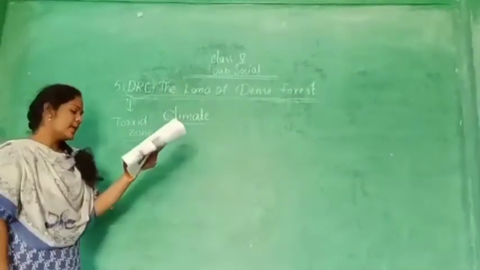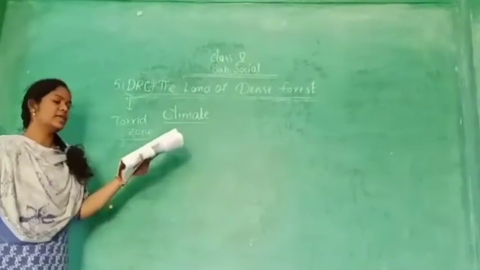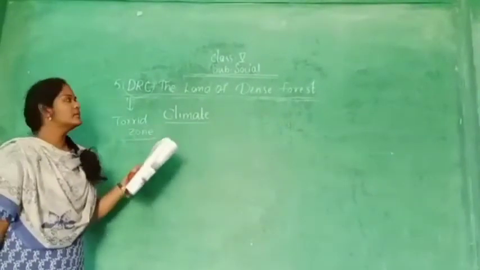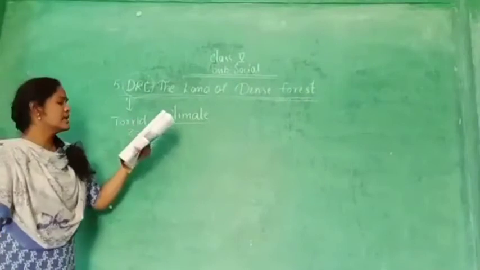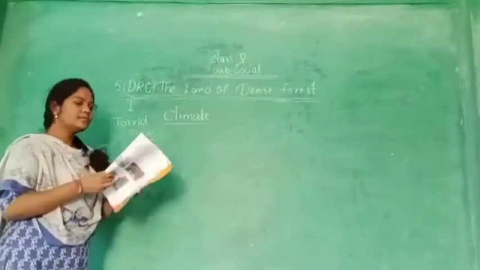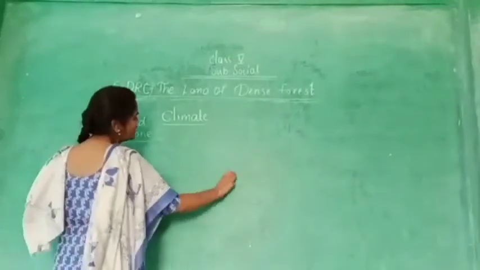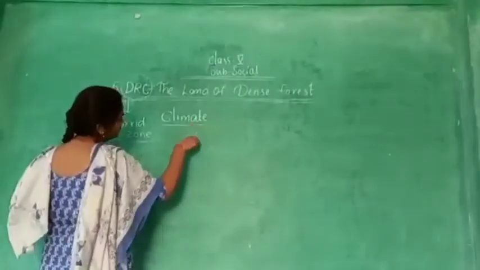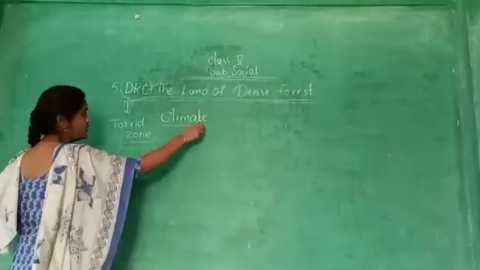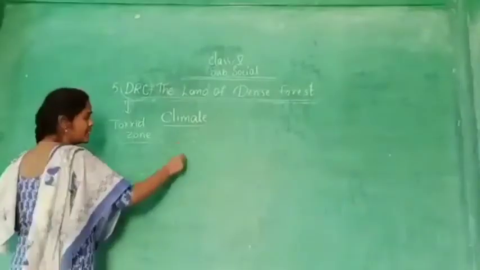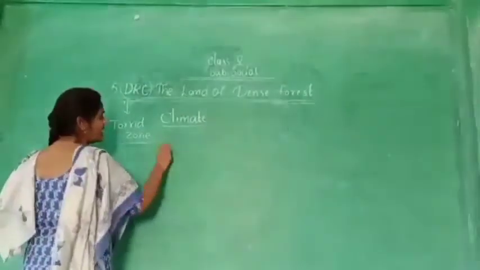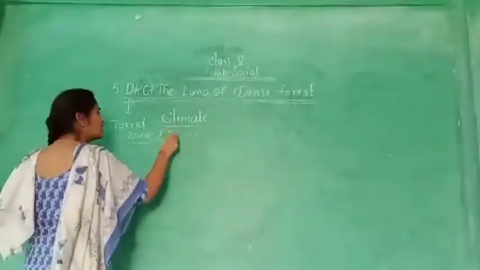So the climate in most parts of the DRC is very hot. So what will happen? The evaporation of water. Suppose this is water, due to the extreme hotness, this water will get evaporated and it goes into the clouds, right?